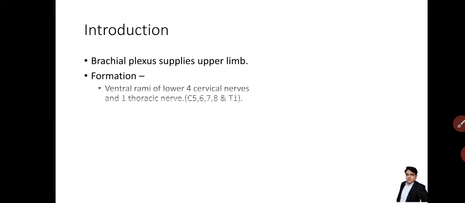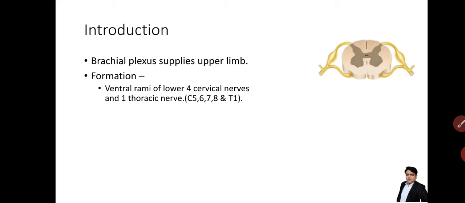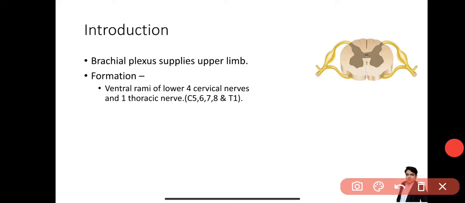Now formation: it is formed by ventral rami of lower four cervical nerves and first thoracic nerve, that is C5, C6, C7, C8 and T1. So what is ventral rami? This is the spinal cord, and from the spinal cord this is the ventral root, this is the dorsal root.